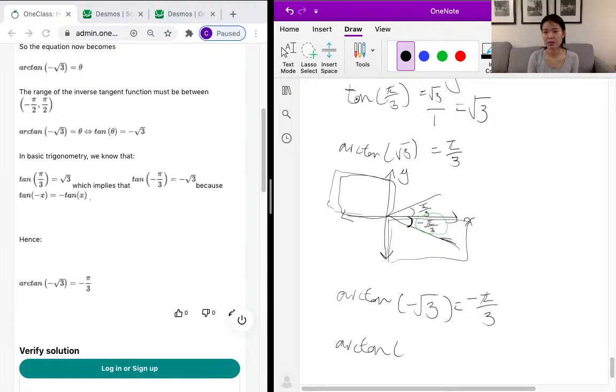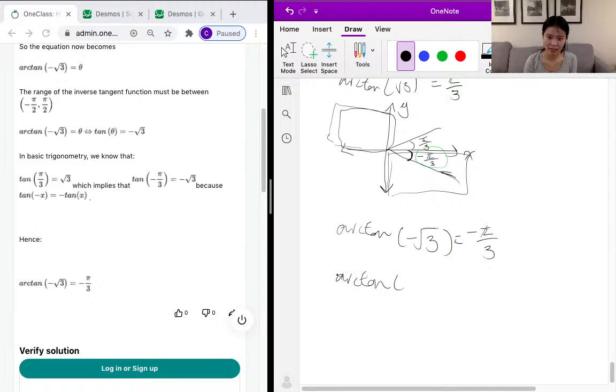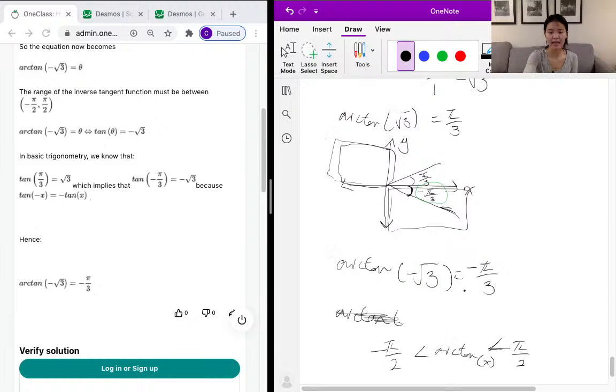After we restrict the domain of the tangent function, we restrict the range of the arctangent. So the range of the arctangent function is between negative pi over 2 and pi over 2.